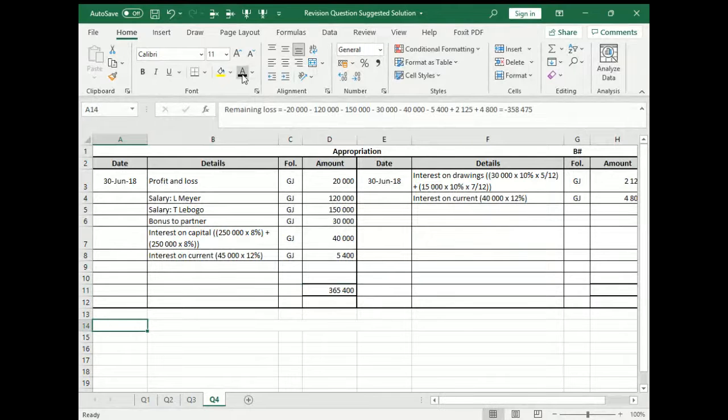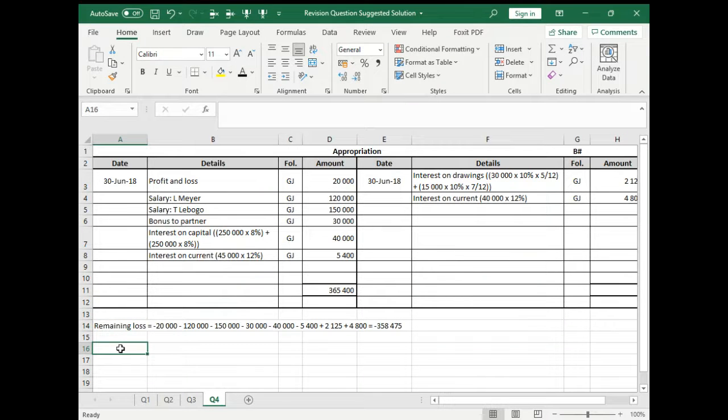Or alternatively, you could work out the remaining loss by just doing a normal mathematical calculation and showing me how you got it by adding it all together. Okay, now based on the fact that I know these are expenses, I showed them as a negative, and the income I showed as a positive. And then if you add all of that together, you get a negative amount of 358,475. So we actually made a loss based on all the additional expenses.